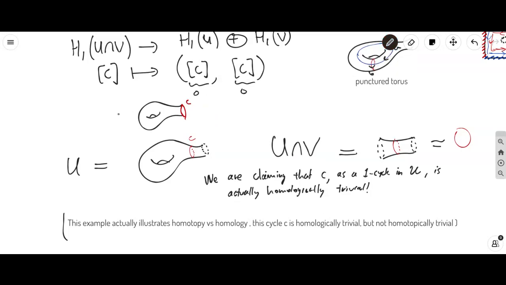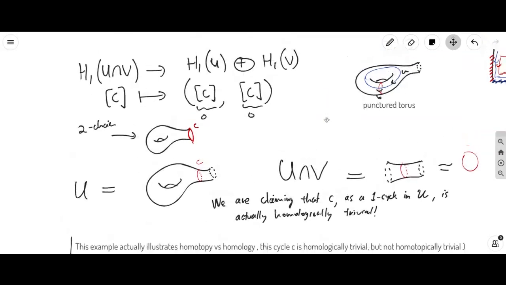And this piece that you're getting is a 2-chain. Basically, intuitively, a 2-chain is like a surface. And the boundary of this 2-chain is exactly C. So C is a boundary, and because it's a boundary, it's homologically trivial, which is really surprising. You would not think this is homologically trivial, but it is.